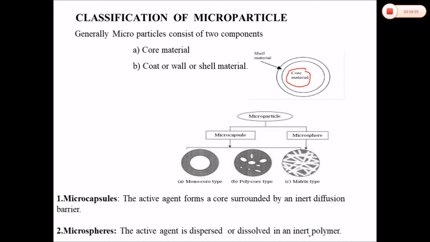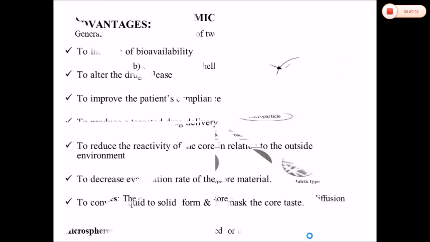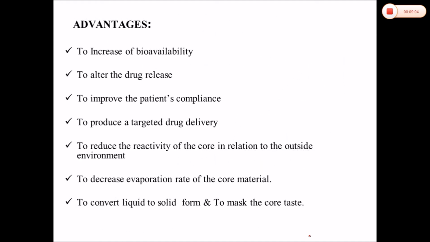Now we'll discuss in detail what the core materials and the coating materials are. But before moving to that, we'll talk about the advantages. Why is microencapsulation very important, or why is it beneficial over other processes? Microencapsulation increases viability.